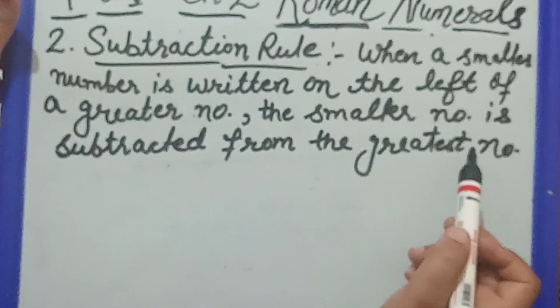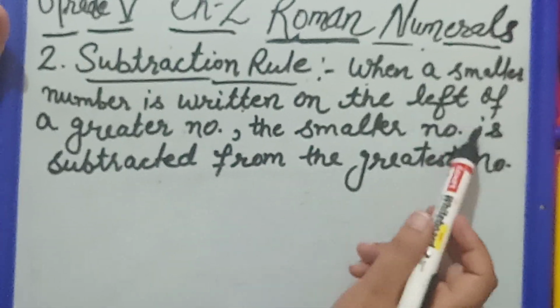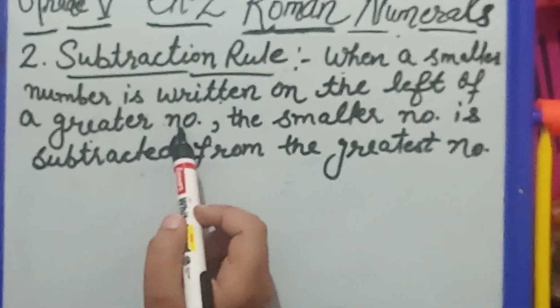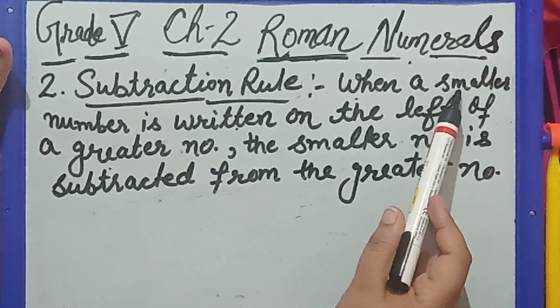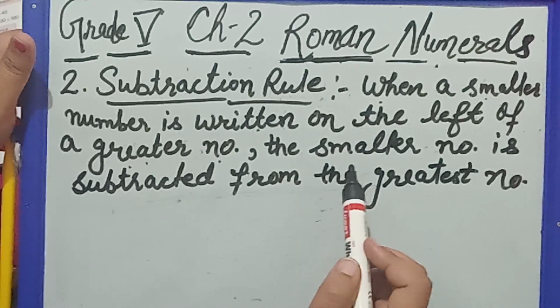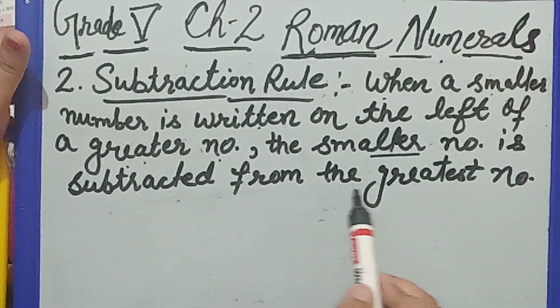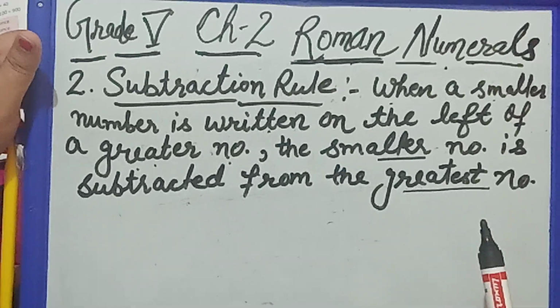Now I am repeating it again. When a smaller number is written on the left of the greater number, or what I can say, when the smaller number is written before the greater number, then we have to subtract the smaller number from the greater number.